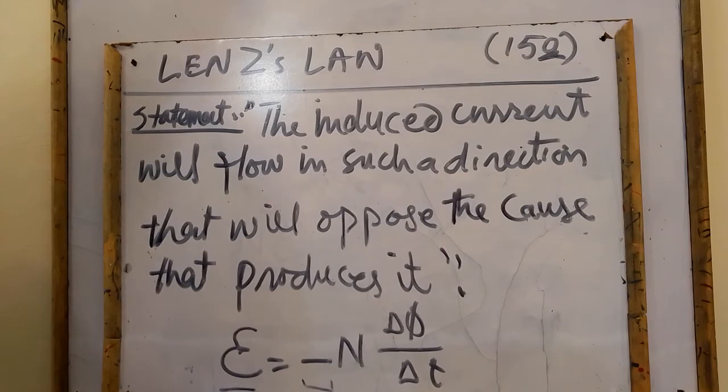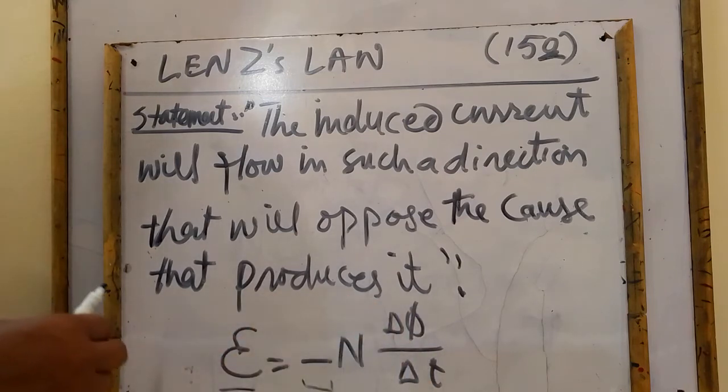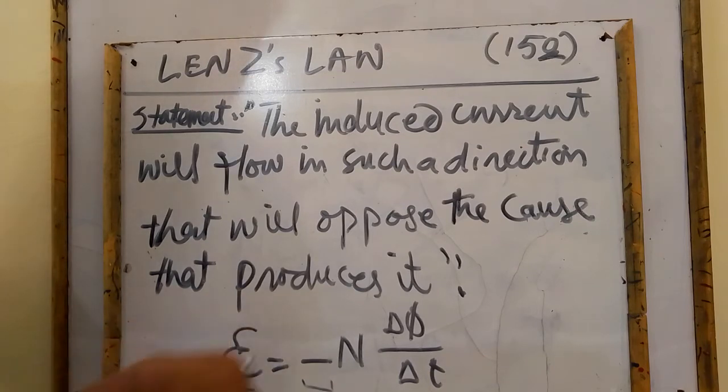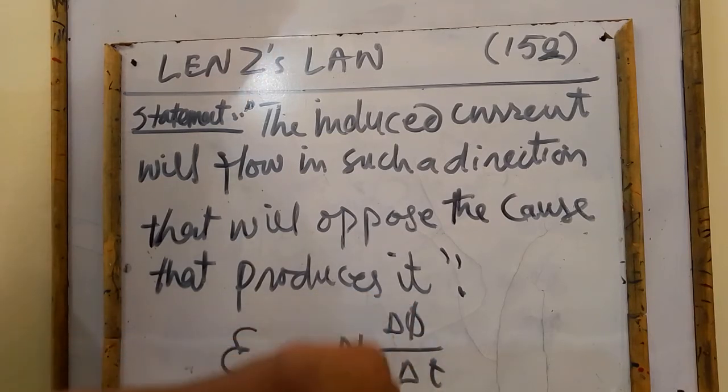This induced EMF will oppose the rate of change of magnetic flux. Resultantly, the current induced by this induced EMF will oppose this changing magnetic flux.